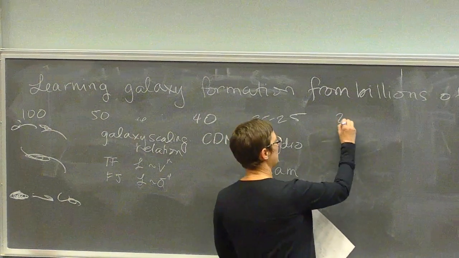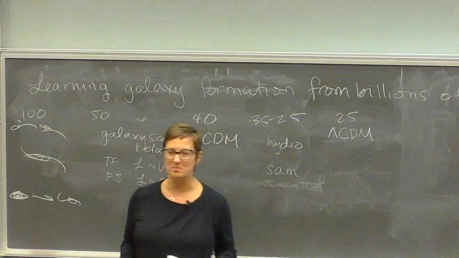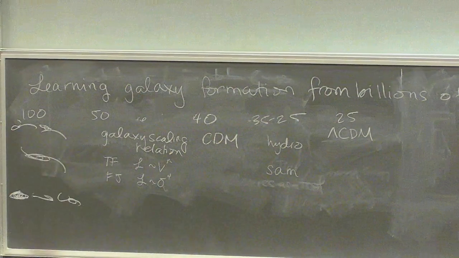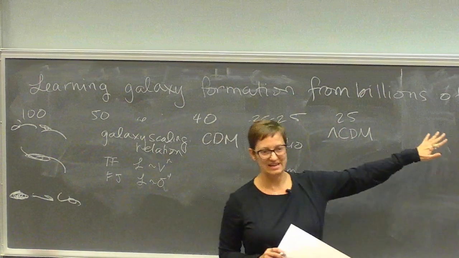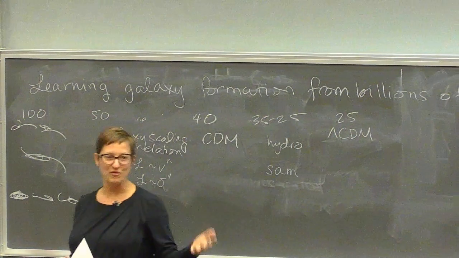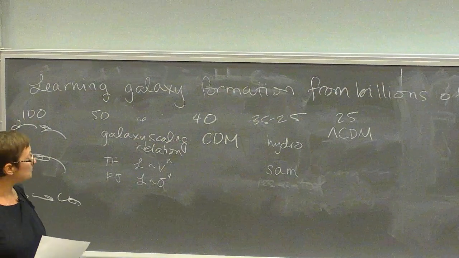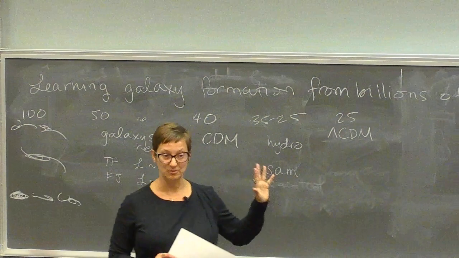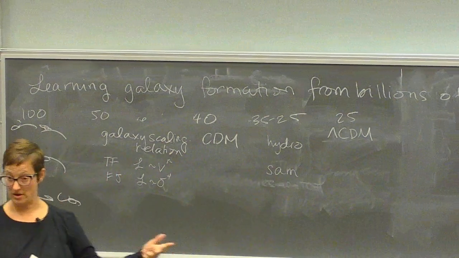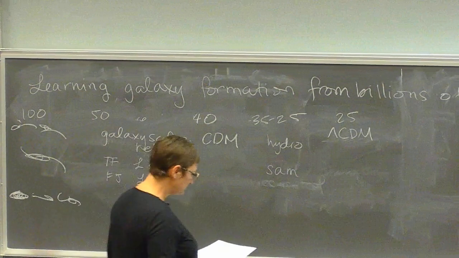We could say that about 25 years ago was the establishment of our current cosmological model, lambda CDM. And this model, as you all know, has gotten increasingly precise over the last 25 years, but not really changed. And because it's gotten more precise, we've gotten a much more detailed picture of how structure forms in this model over the last 25 years.